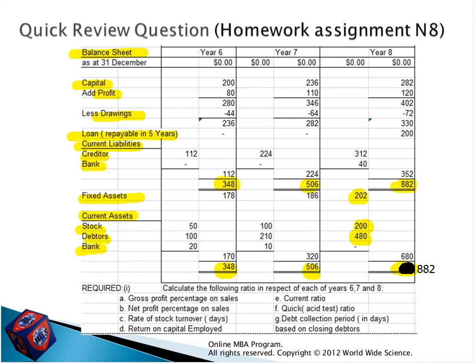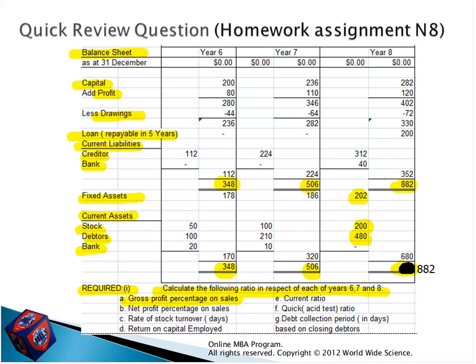So right now, let's see our assignment. What we have to do with these statements. The requirement is to calculate the following ratios for each year for 3 years, year 6, 7, and 8. The first ratio is the gross profit percentage on sales.